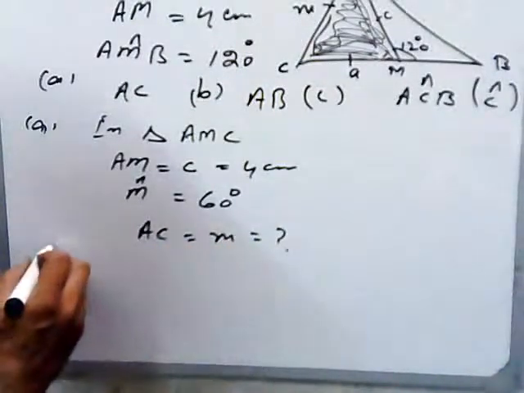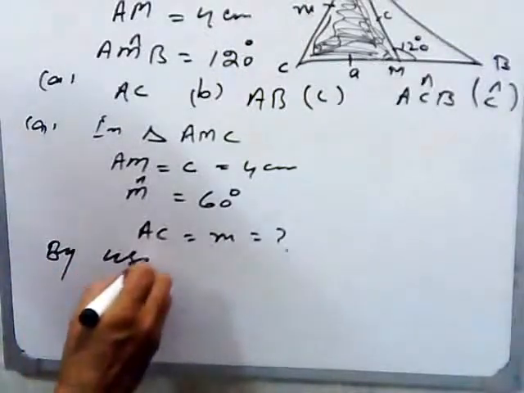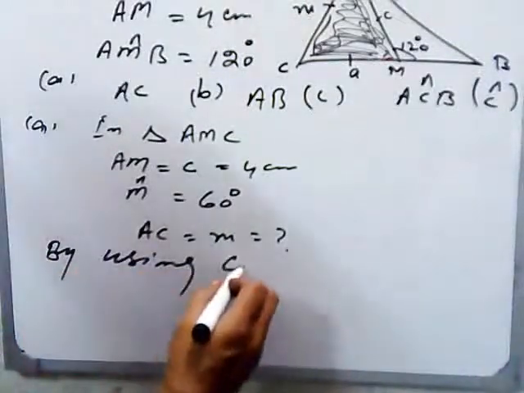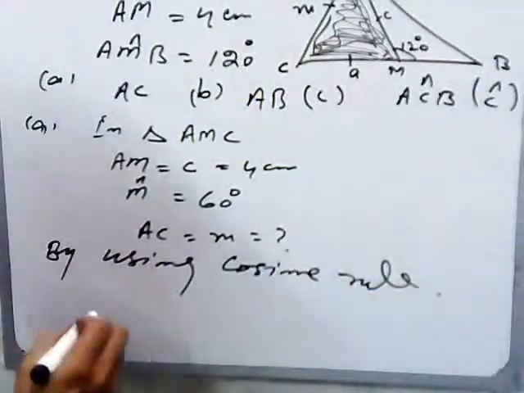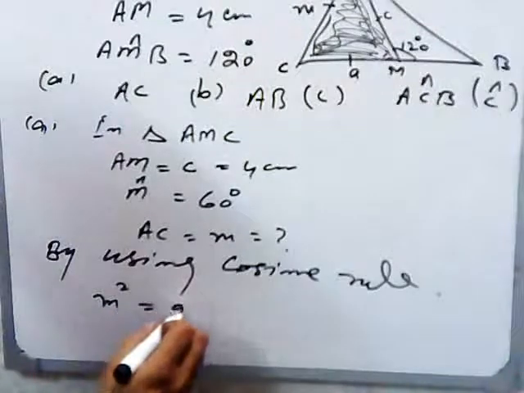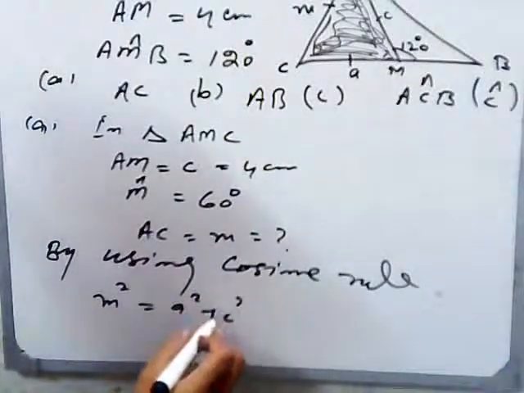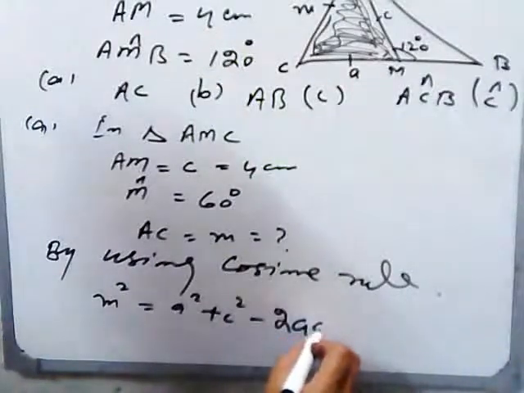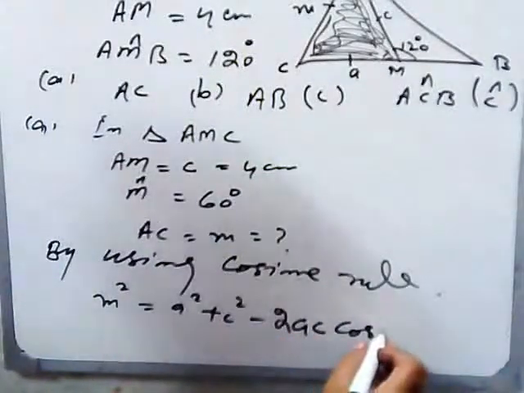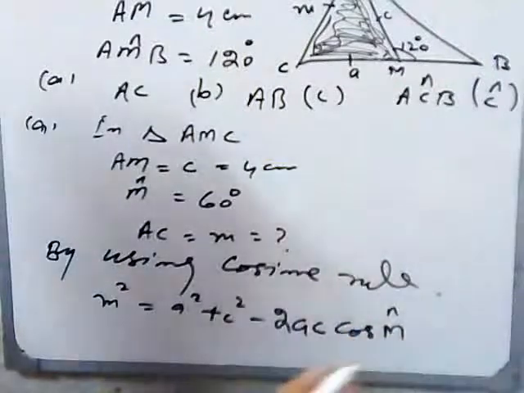So by using the cosine rule, that is m square is equal to a square plus c square minus 2ac cos M angle.